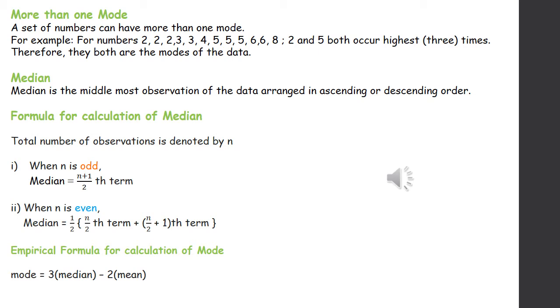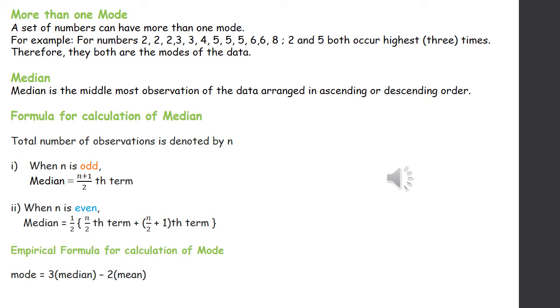Remember, it means the (n plus 1) by 2-th observation. And when n is even, median is equal to half into (n by 2)-th term plus (n by 2 plus 1)-th term. That means we are taking the two middlemost observations, adding them and dividing by 2, or getting the average of the two middlemost observations.